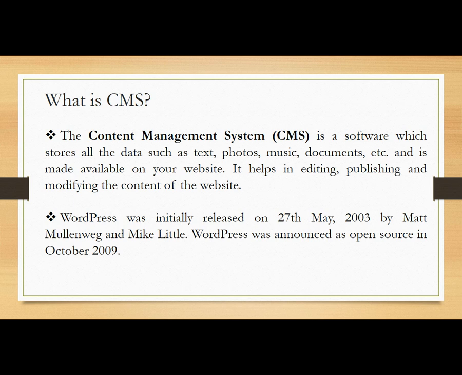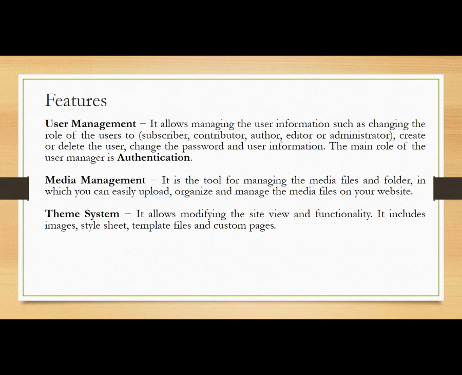WordPress was initially published on 27th May 2003 by Matt Mullenweg and Mike Little. Then after certain modifications, the first official version of WordPress was introduced in the year 2009. WordPress contains many features, which are the main part of this entire subject also.